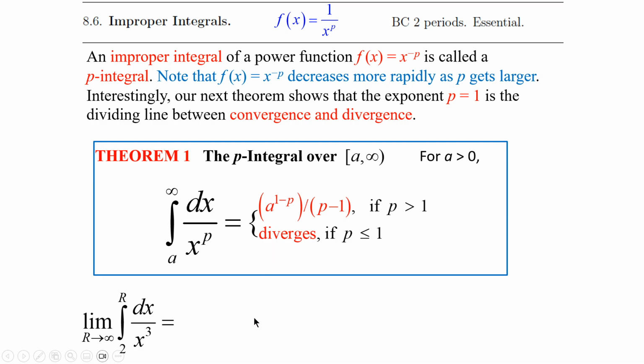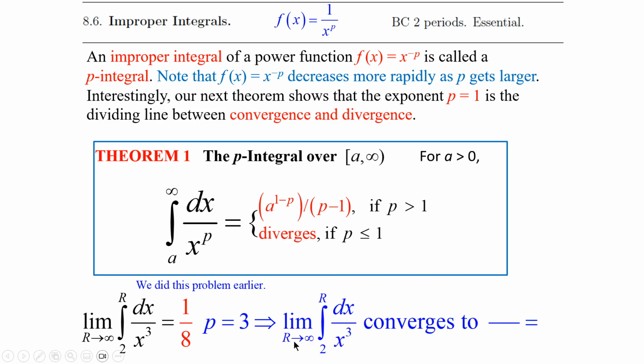Let's check this with the one that we just got as 1 over 8. All right, so here we go. What's p equal here? Well, p equals 3. And so my a is 2. So I'm going to go the limit as r approaches infinity of the integral from 2 to r of the differential of x over x to the third converges to.